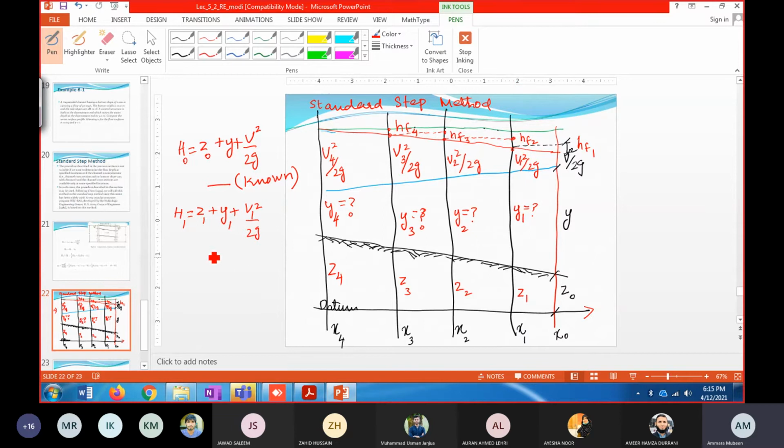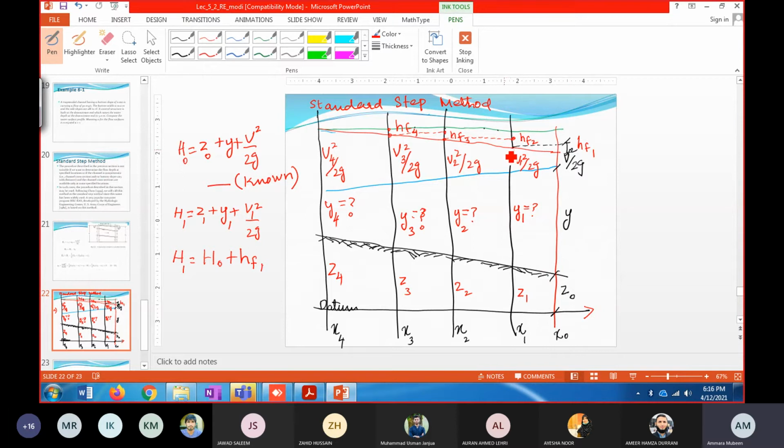Okay, and this total energy can be determined in different ways. Like you can calculate using this equation, and H1 can also be calculated using another equation, which is H naught plus HF1. Just check this. Can H1 be calculated using H naught plus HF1?